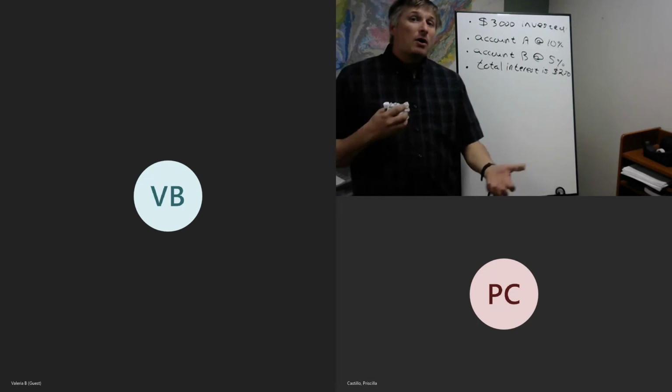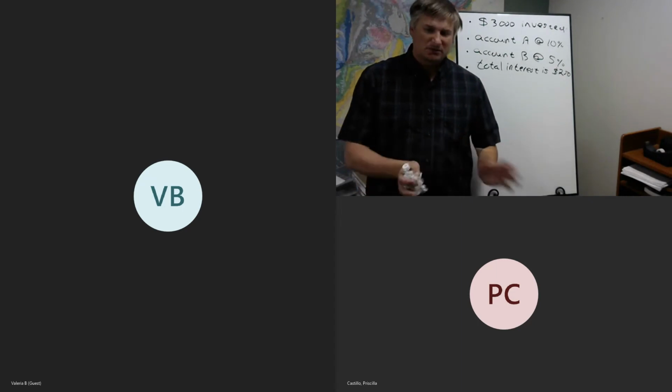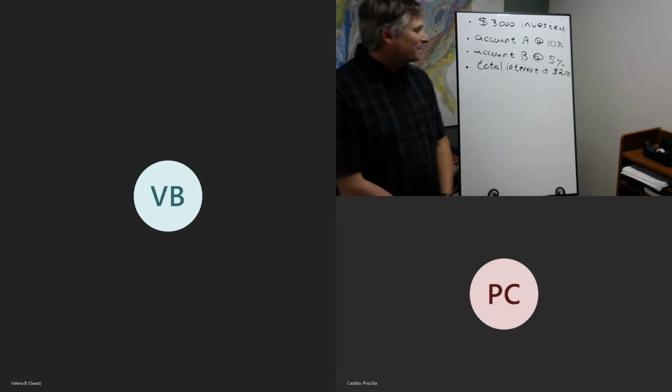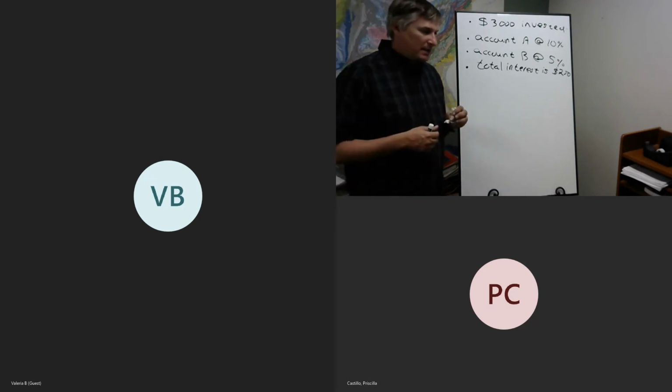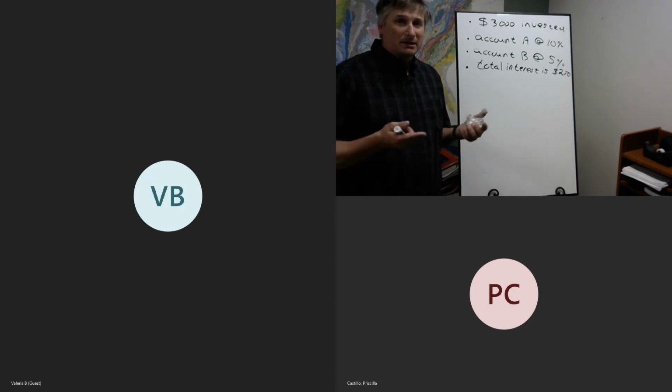So let's say we don't know how much each account earned. Let's step back a little bit. The way you earn interest is you take the interest rate as a decimal, and you multiply it by the amount in the account.